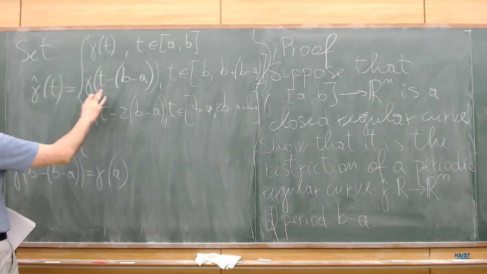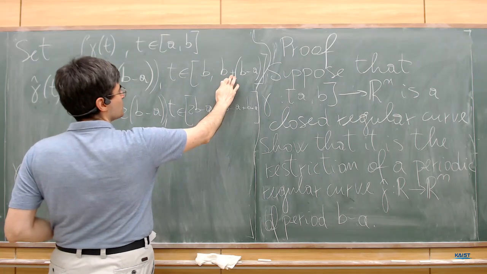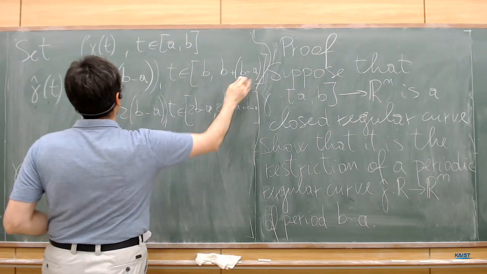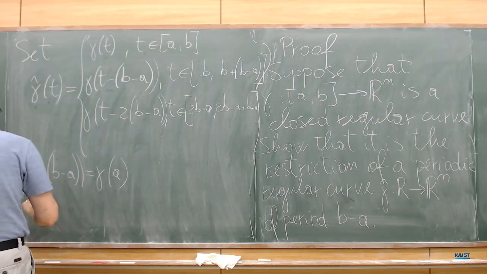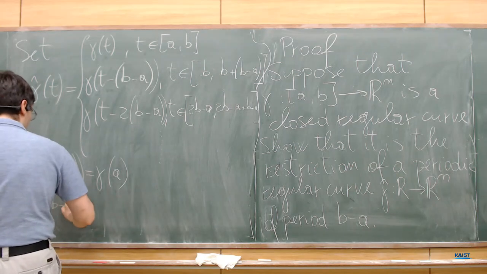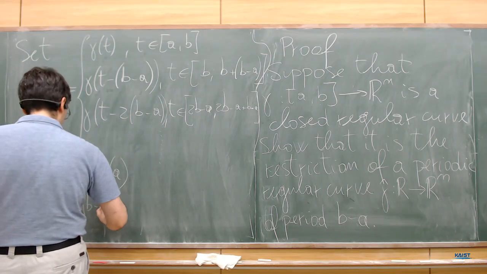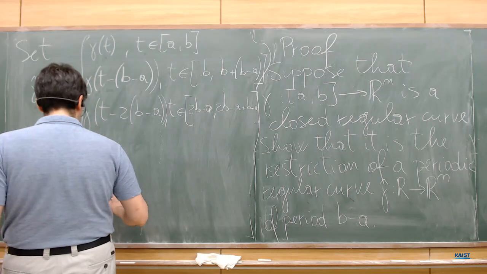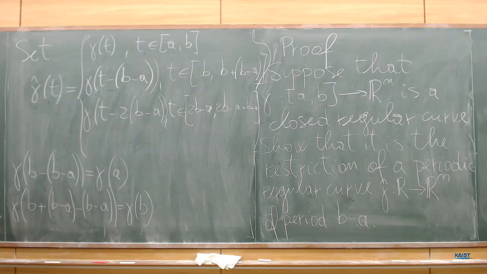And if I evaluate this function at B plus (B minus A), I get gamma of B plus (B minus A) minus (B minus A), I get gamma B again.